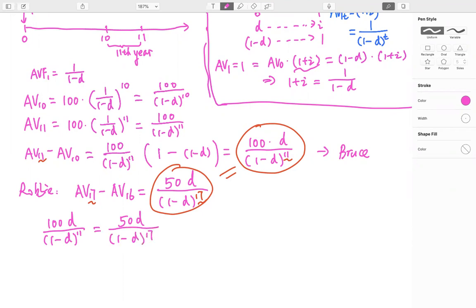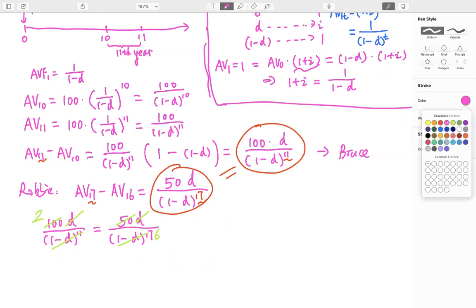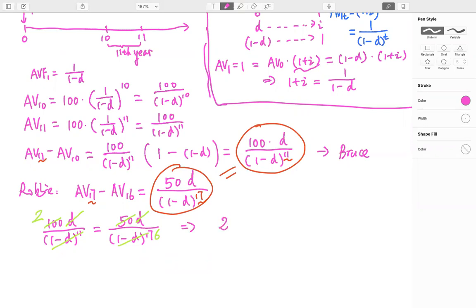Before we do anything, try to simplify. So let's try another color. Okay. So d will cross d, right? This becomes 2. And this will remain with 6. So in the end, what do we have? From here, I have 2 times 1 minus d to the 6 equals 1.